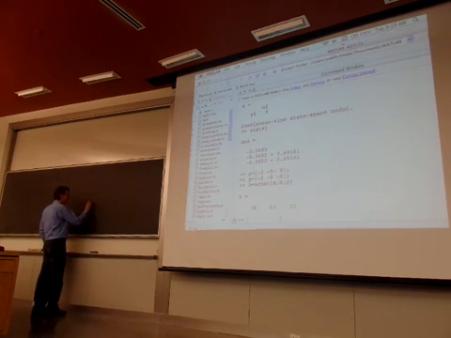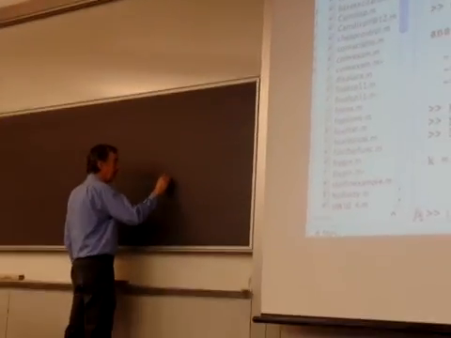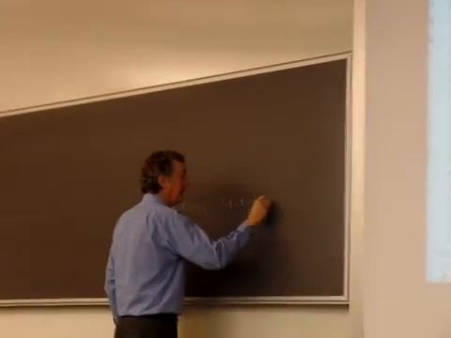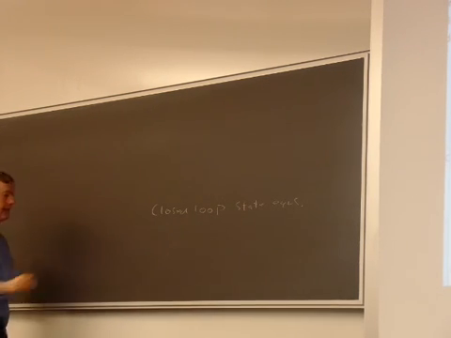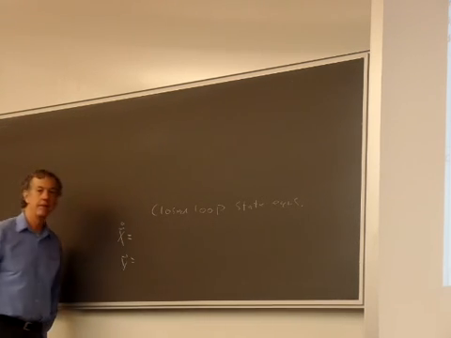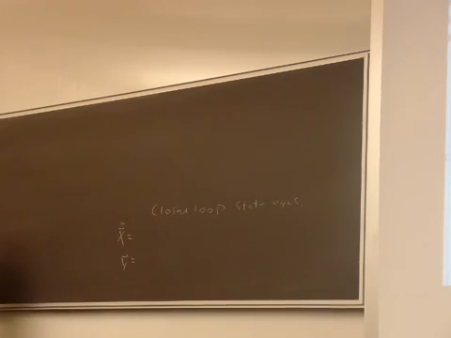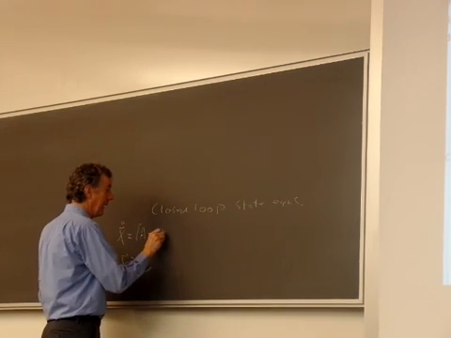I want the closed loop state equations. What's the matrix for the closed loop system? Oh, it's A minus B. Yeah, A minus BK.